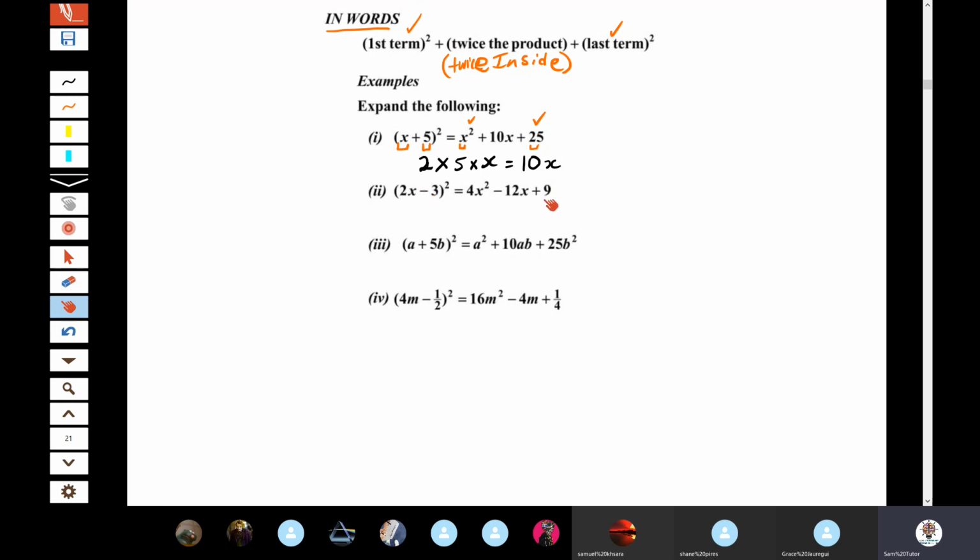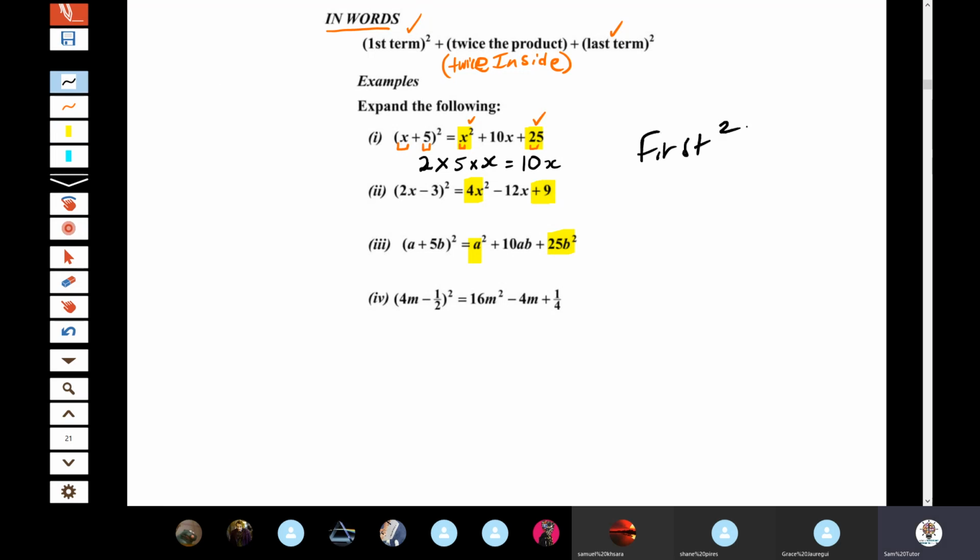So the last one, what you'll realize with all of these, the first one and your last one will always be positive. Always. So this and this, no matter what, will always be positive. So let's write that here on the side.